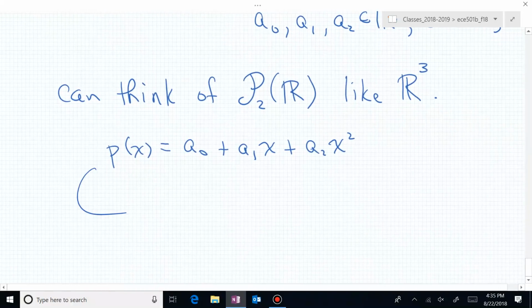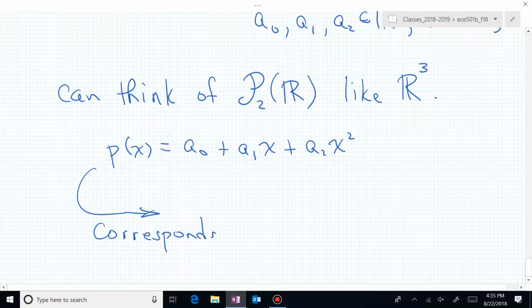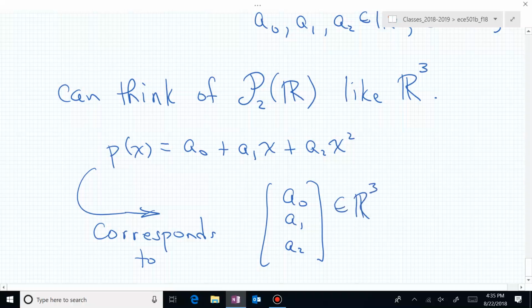And this you could think of by saying, oh, that corresponds to a sub 0, a1, a2, this column of reals that has 3 coordinates. Those are consistent.